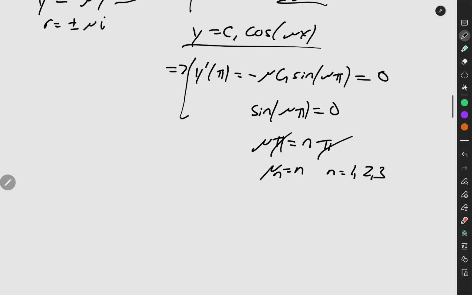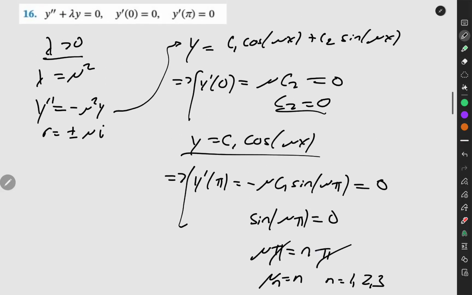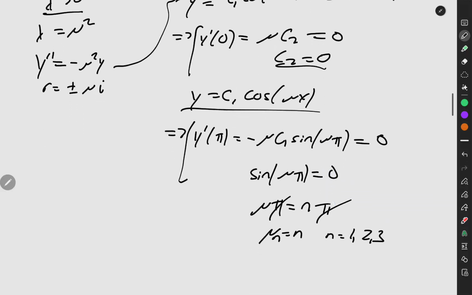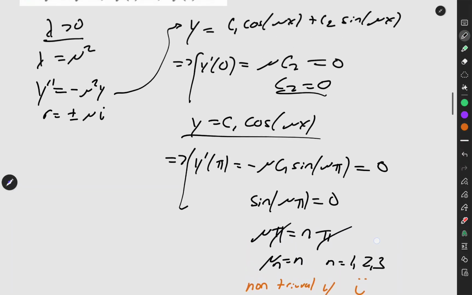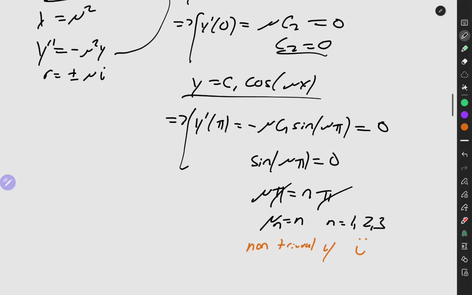Look at that. So that's definitely an eigenvalue. We have a non-trivial y, right? That's great. Now, I am suspecting something here, because if you look here, we also have this mu here, and that can be 0, but if mu is 0, then y is c1.